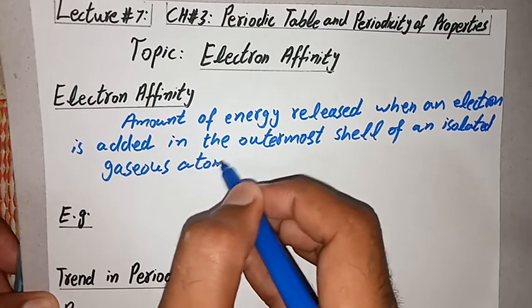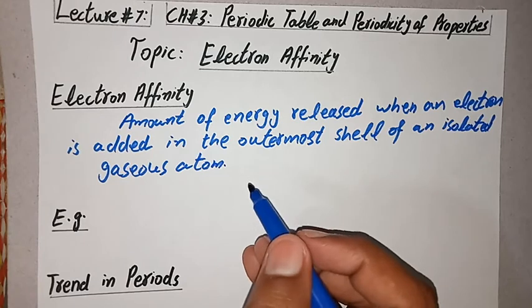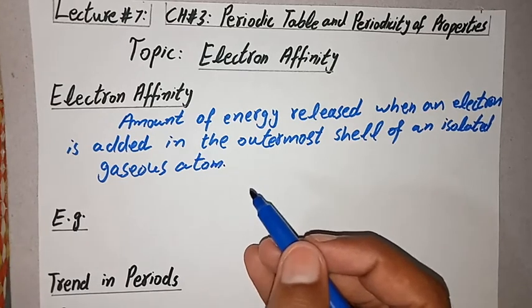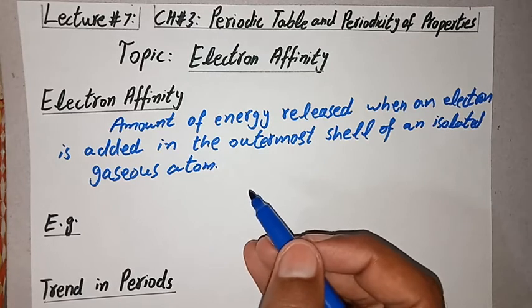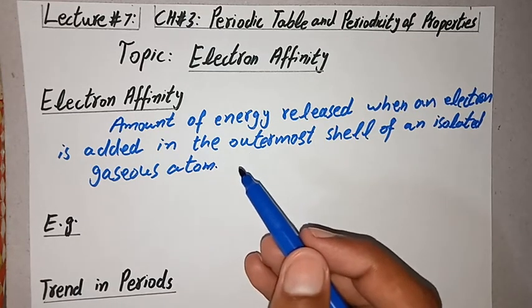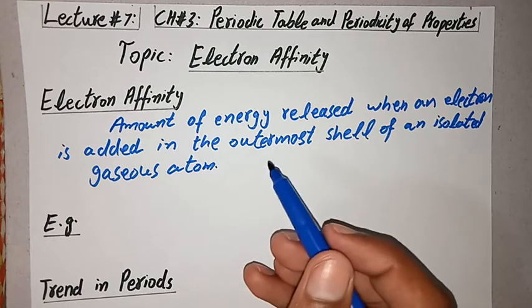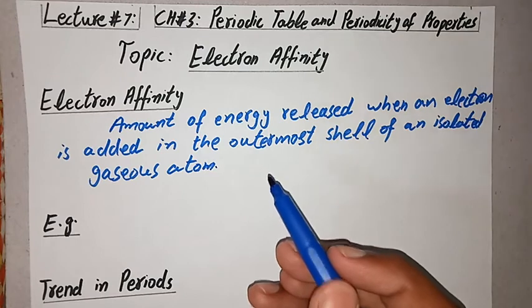So we can differentiate between ionization energy and electron affinity. Both are an amount of energy. Ionization energy was the amount of energy required to remove an electron. Electron affinity is the energy released when an electron is added in the outermost shell, whereas in ionization energy an electron was removed.